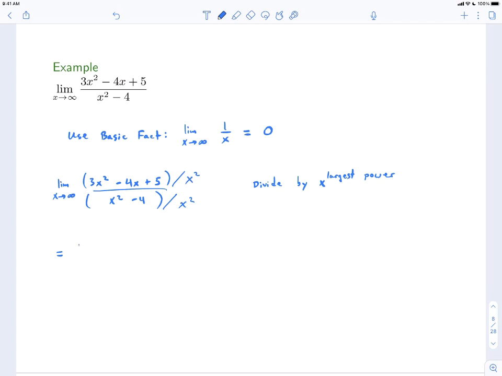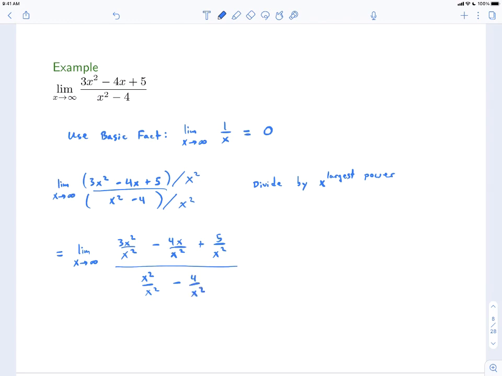But now we'll have the limit as x goes to infinity of 3x squared over x squared minus 4x over x squared plus 5 over x squared. This is just the numerator. And then in the denominator, we'll have x squared over x squared minus 4 over x squared.